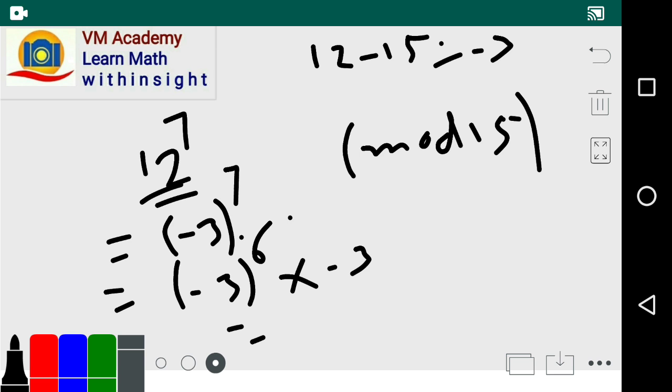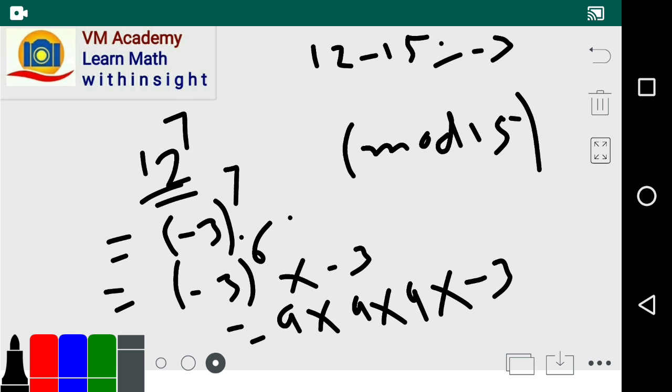That is 9 into 9 into 9 into minus 3, friends. And 9 into 9 is 81. 81 divided by 15 gives friends 6 as the remainder. 6 into 9 becomes 54.